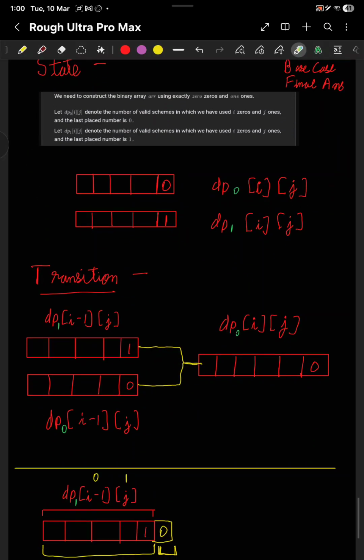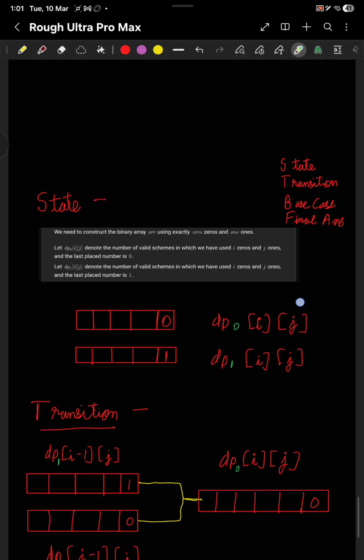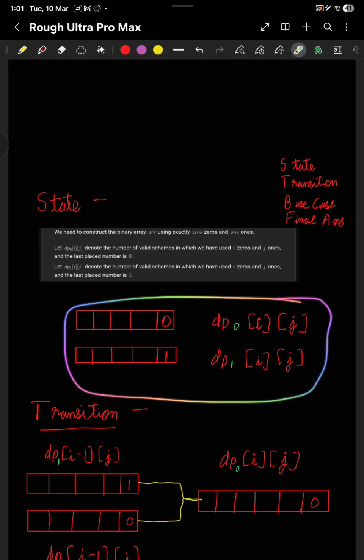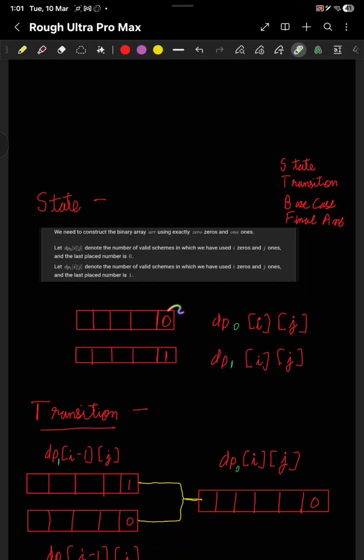This uses the states as the number of subarrays that are ending with 0 or ending with 1. These are both types of arrays. There are some subarrays which are ending with 0 and some subarrays that are ending with 1.